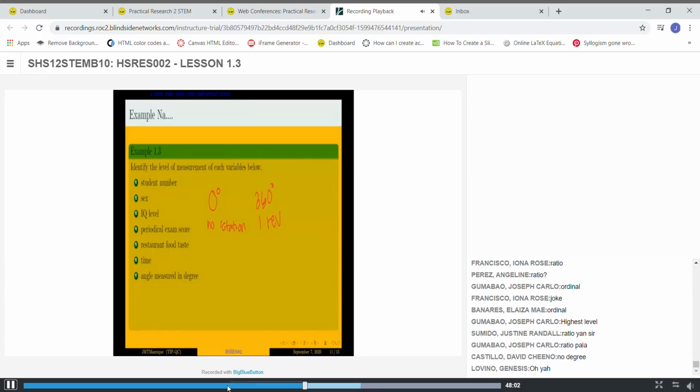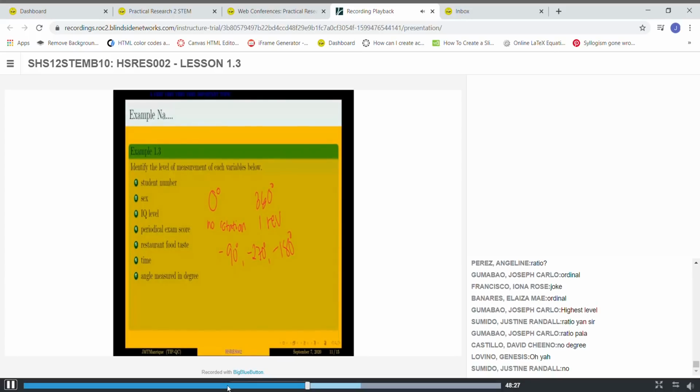Next, sir, meron tayong negative angles. Negative 90 degree, negative 270 degree, negative 180 degree. So, ibig sabihin ba nun, interval siya? Hindi po. The negative sign here indicates only direction.